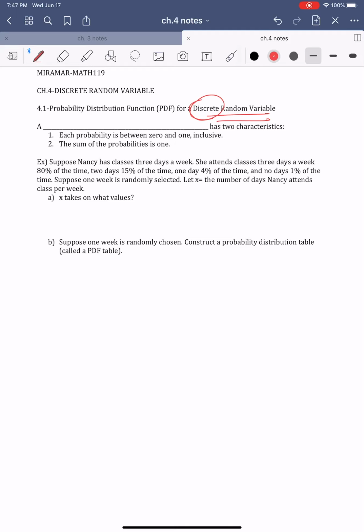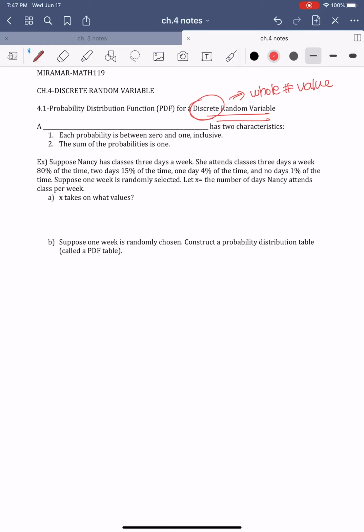So your variable will deal with whole number values. In chapters 5 and 6, we are going to go over some continuous variables. In that case, we are going to deal with decimal values as well. X could be not a whole number, but a decimal number. Okay, so we'll mention those in a bit.